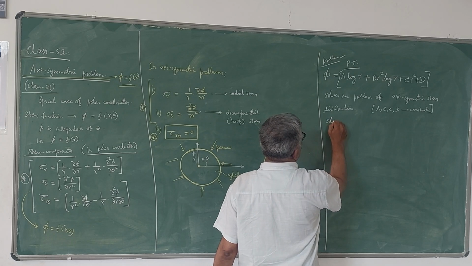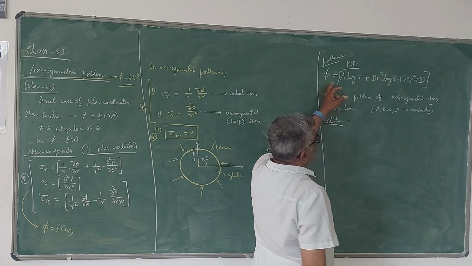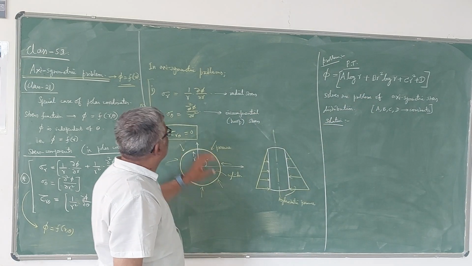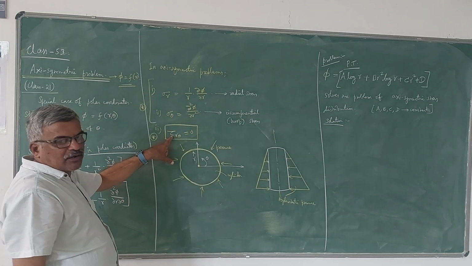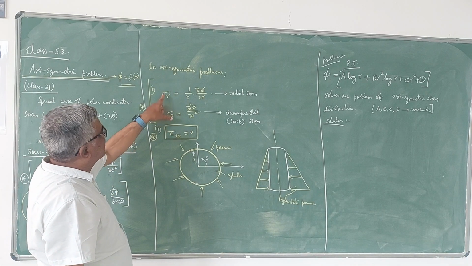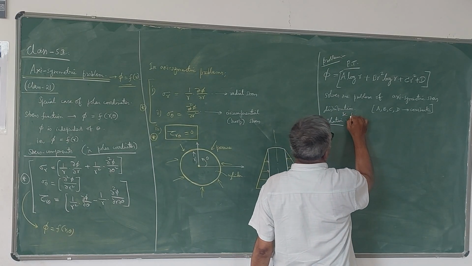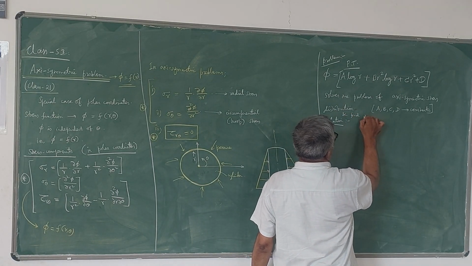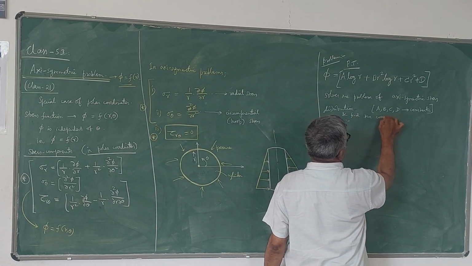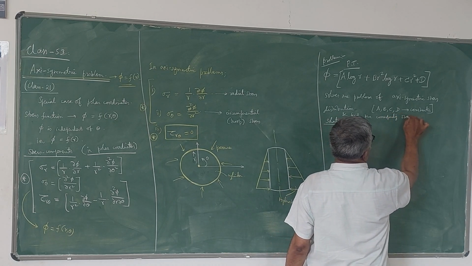Now how to prove that? If you want to prove that this represents an axi-symmetric stress distribution, we have to prove tau r theta is 0, then find the corresponding stress components.